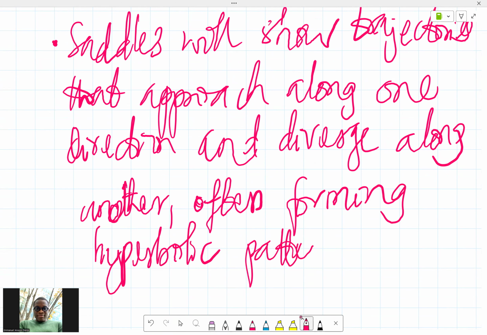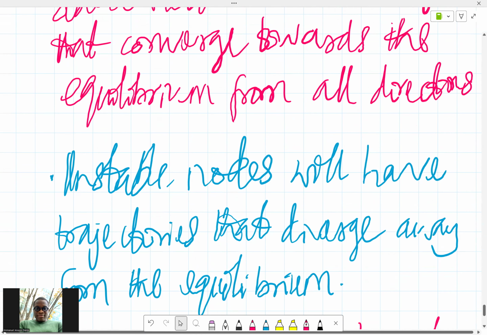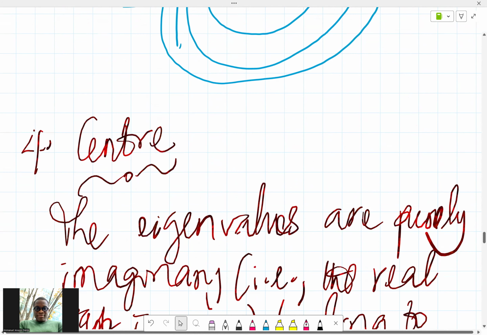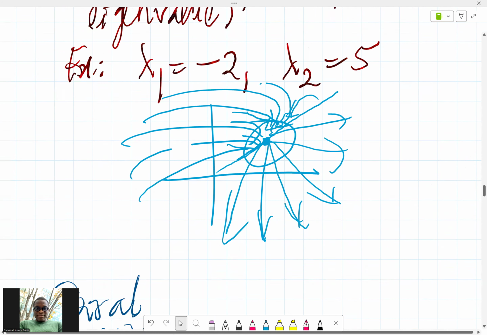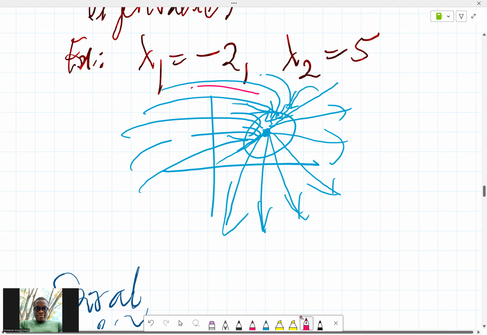So see this: everything coming in this direction is going inside, whereas everything coming from this direction is going outside. That's why this is a saddle point.